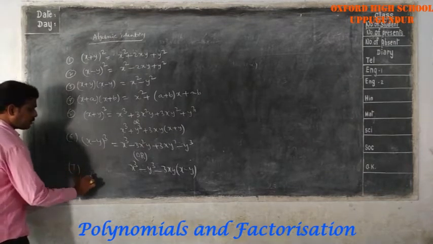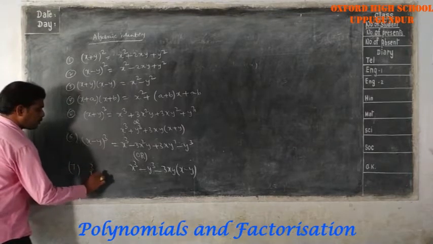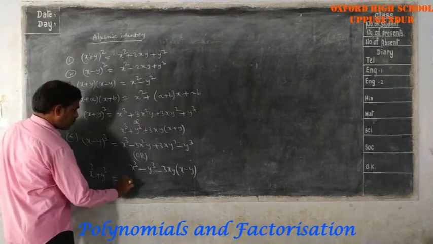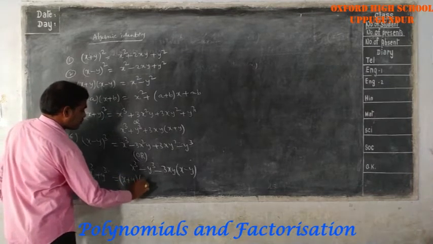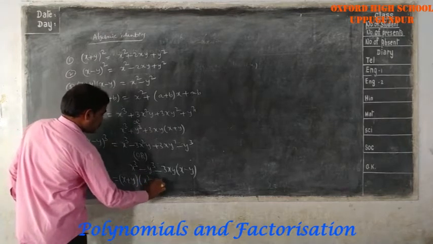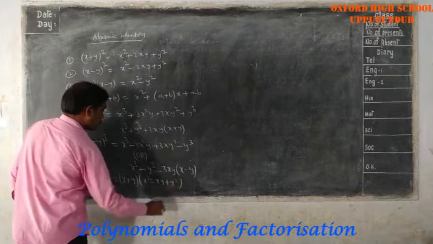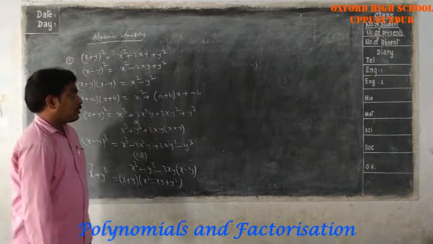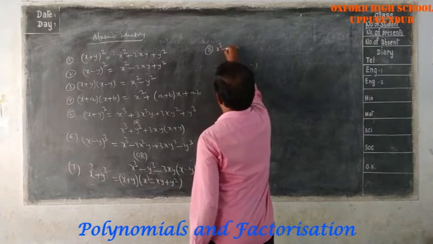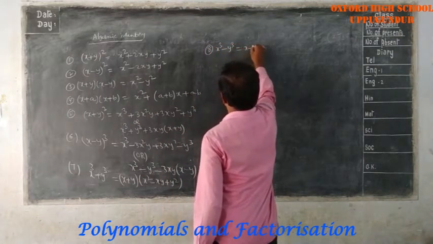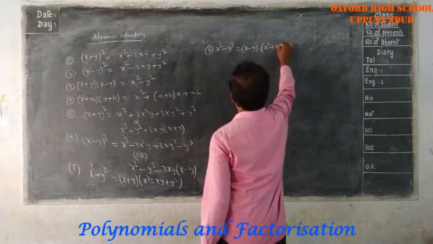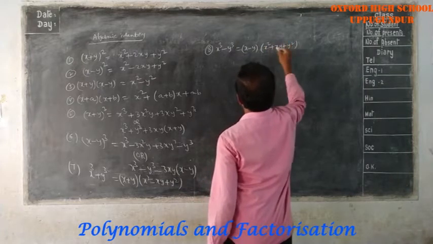Next, seventh one. x cube plus y cube equals (x plus y) of (x square minus xy plus y square). Similarly, x cube minus y cube equals (x minus y) of (x square plus xy plus y square).